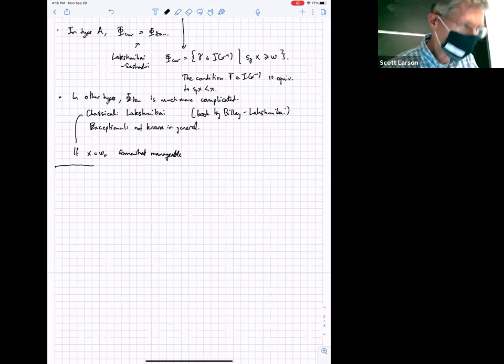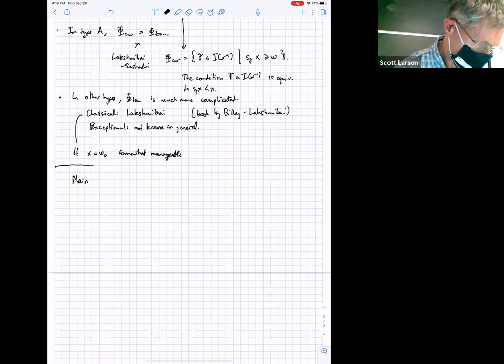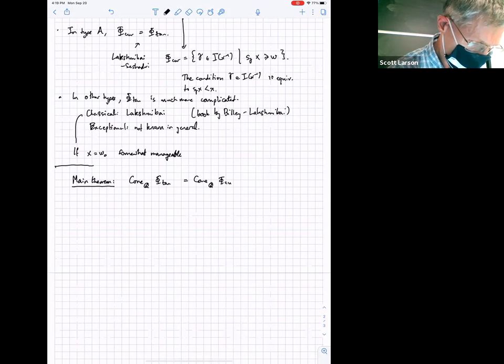So partly because of this, we'd like to understand phi tan a bit better. The main theorem that I want to talk about today is that if we look at the cone over Q of phi tan, this is equal to the cone over Q of phi cur.